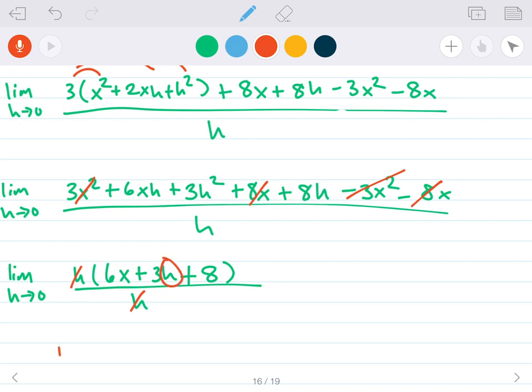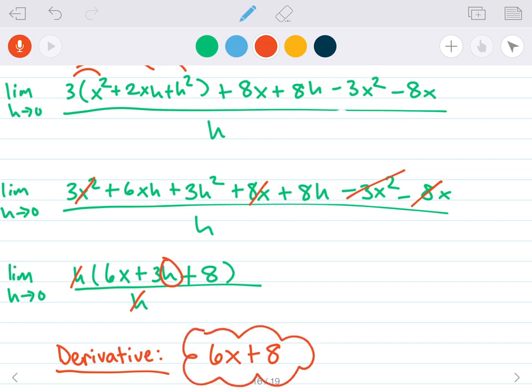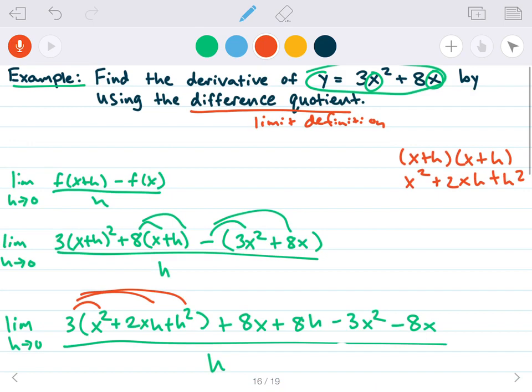So my answer is the derivative of that function that we were originally given is just going to be 6x plus 8. And that is our answer. Now, if you were trying to find the derivative at a point, you would just plug in whatever that x value is to actually get the slope of that tangent line. But here they're just asking for the derivative in general.